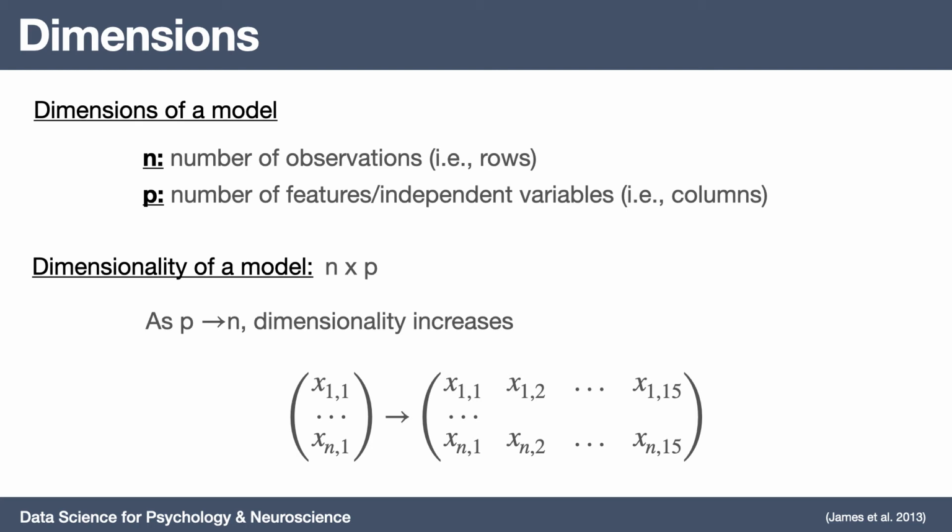And in fact, in a lot of ways, this relationship between n and p has a fundamental limit. We'll go over this problem a little bit later, but if n is equal to p, your model breaks down. The interpretability of your model breaks down. And when p is greater than n, you really can't fit that problem.